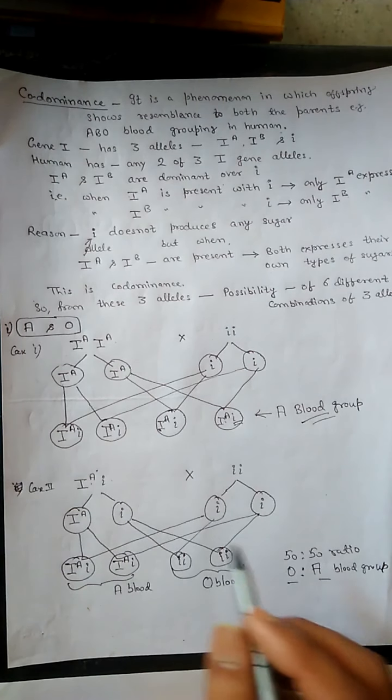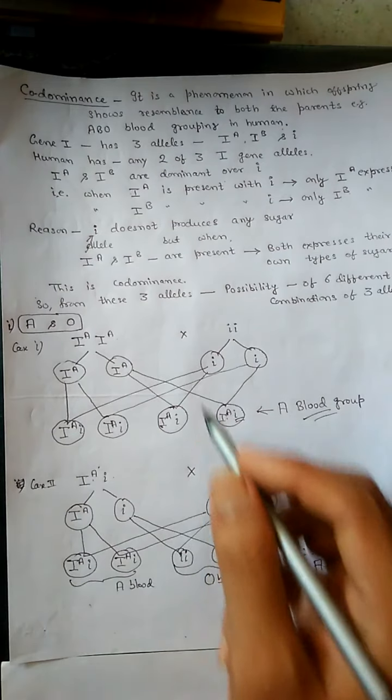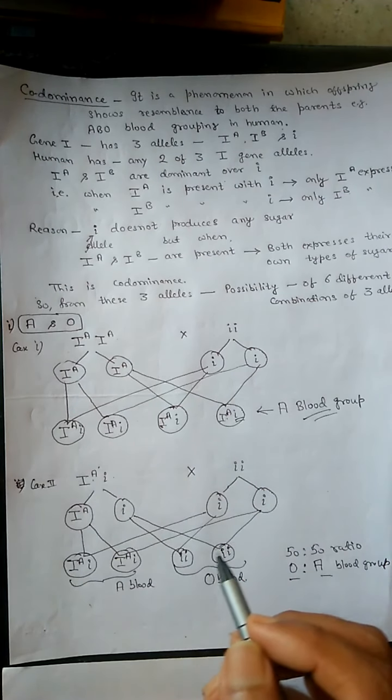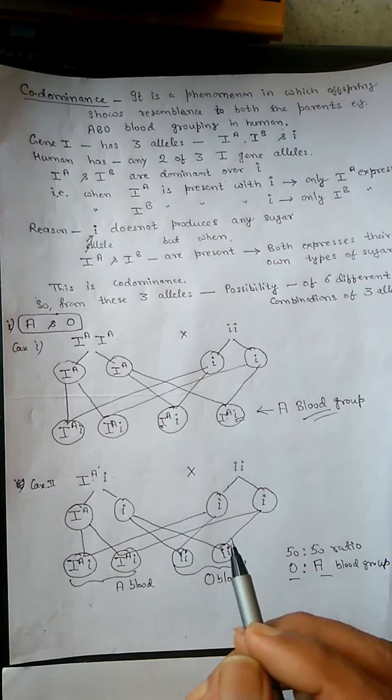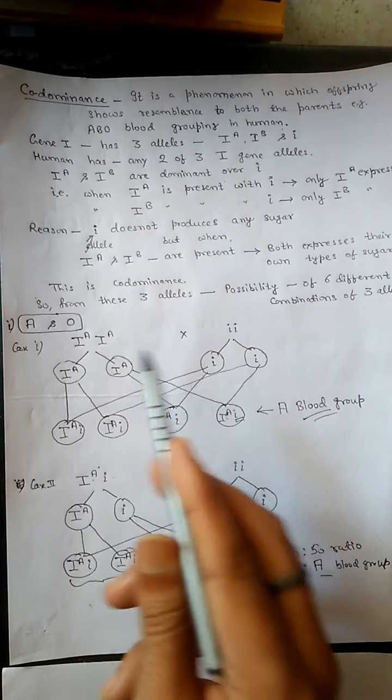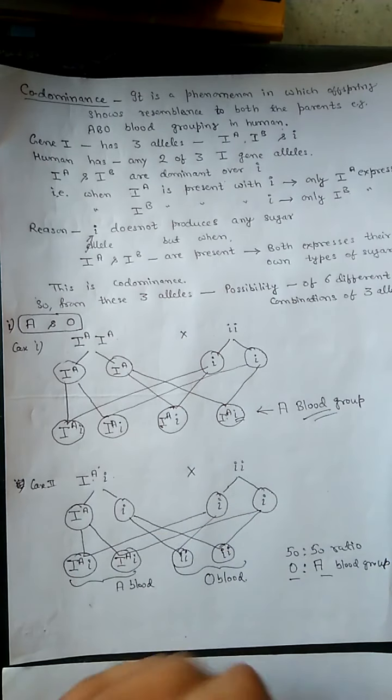As such, the probability of any individual in the F1 generation can easily be calculated if we know the alleles present in the parents.